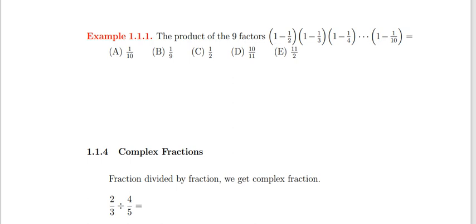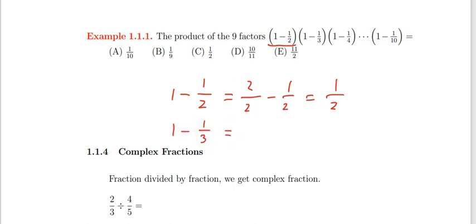For this problem, we want to multiply together. Here the idea is one. For this one, we just change to a common denominator. We change this 1 to 2 over 2, so this equals 1 over 2. Then 1 minus 1 over 3 equals 3 over 3 minus 1 over 3, which equals 2 over 3.